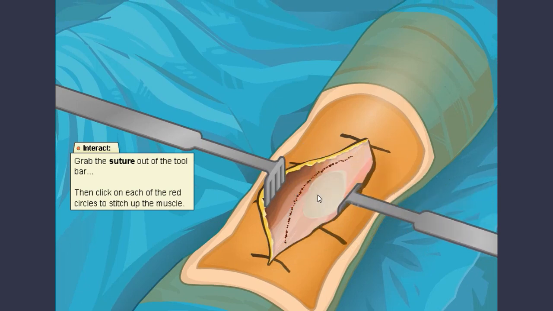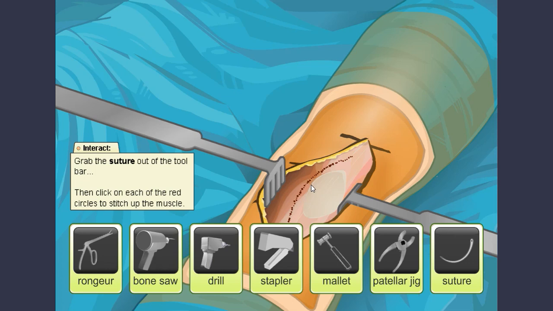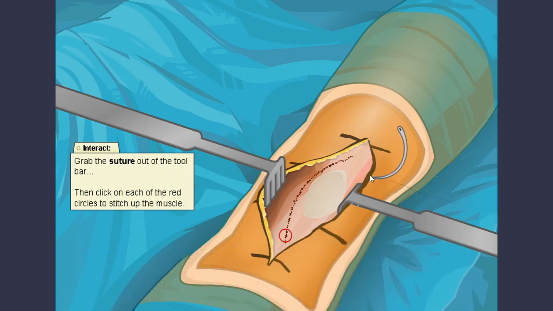Let's close up the incision. First, suture the deep tissue and fat layers back together.